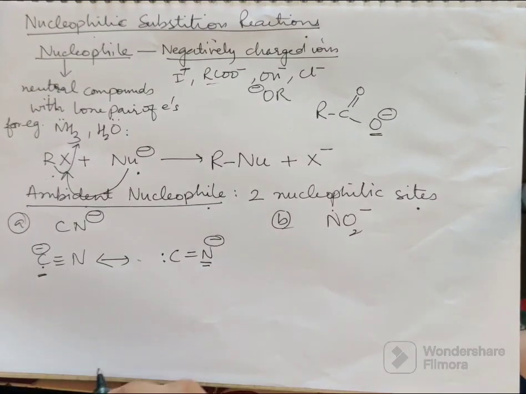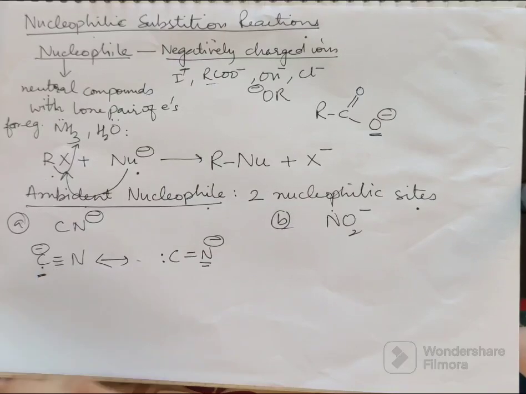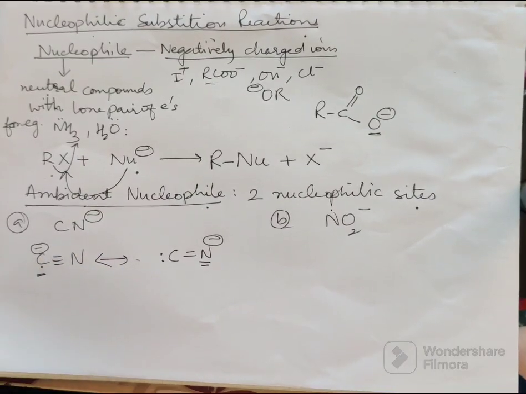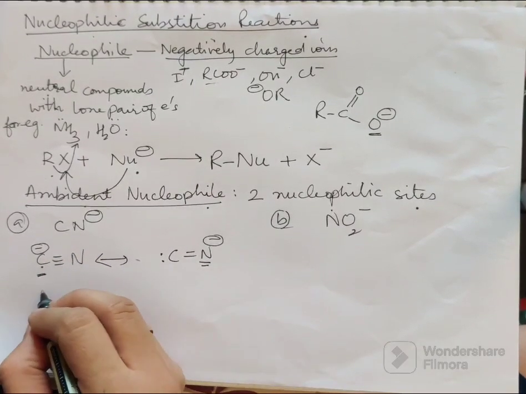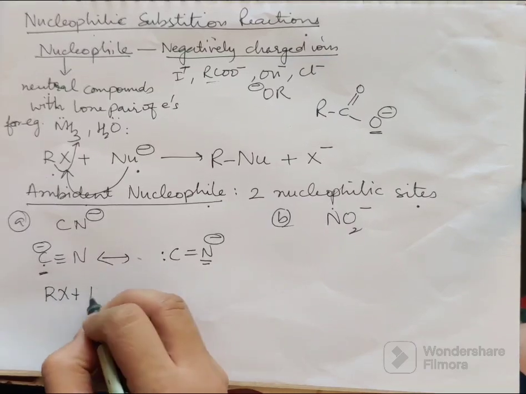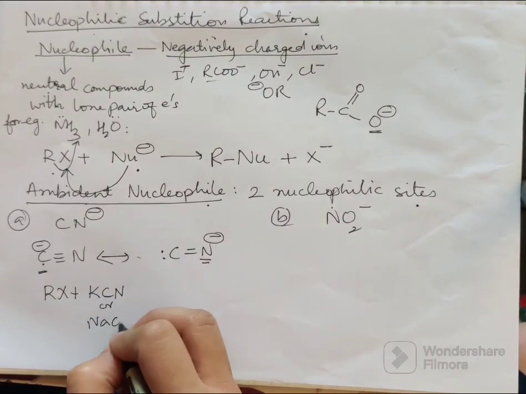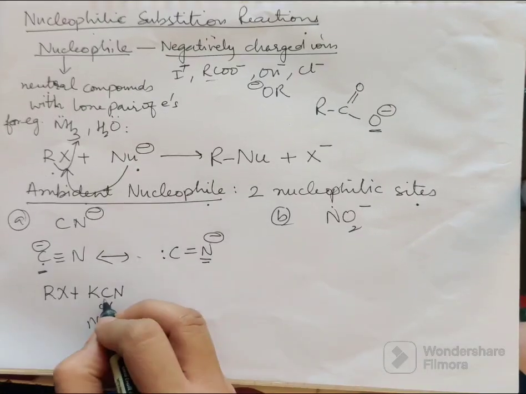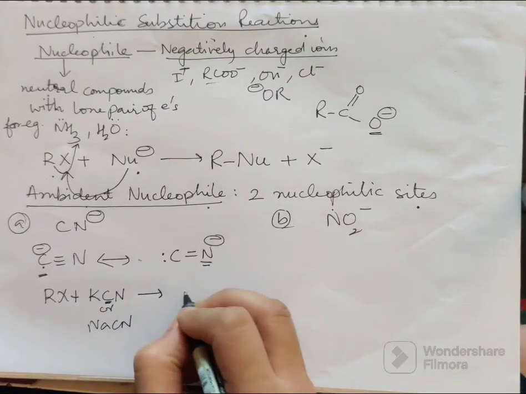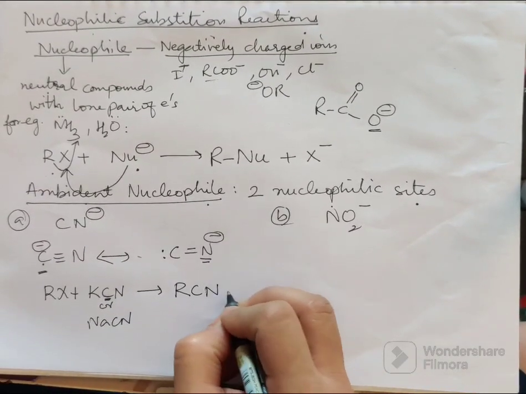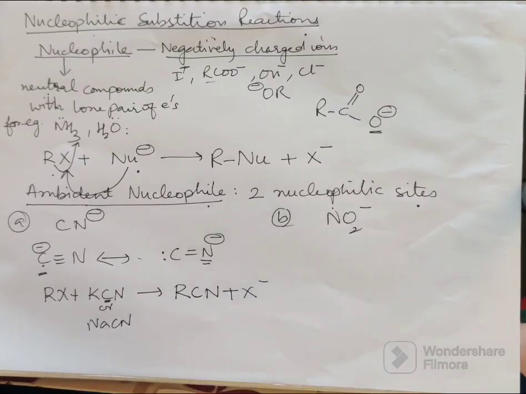Now, how do we remember from which atom it is going to attack on the alkyl halide? Remember, if alkyl halide reacts with potassium cyanide or sodium cyanide, the attack is through carbon atom. So we get RCN plus X minus.